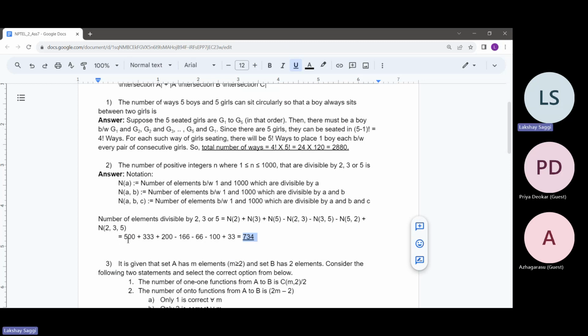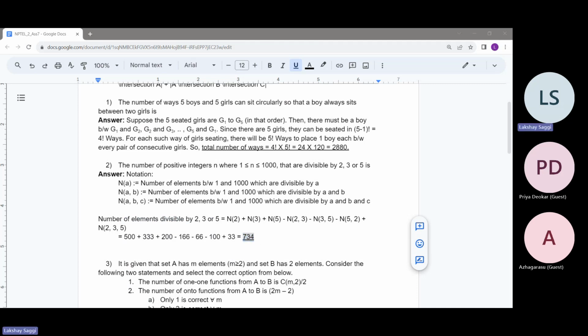Although this can be calculated orally, I thought it's better to just Google it. So the number of elements which are divisible by 2, 3, or 5 is 734.